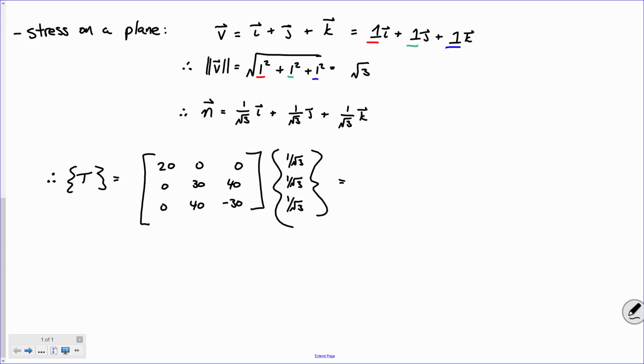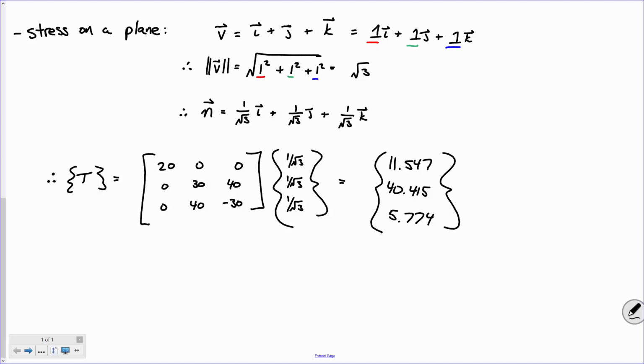I have got to believe by now that you can do that in Microsoft Excel. You can matrix A times matrix B. You do that and you'll get the following: 11.547, 40.415, 5.774. So those are the stresses on that plane, okay?